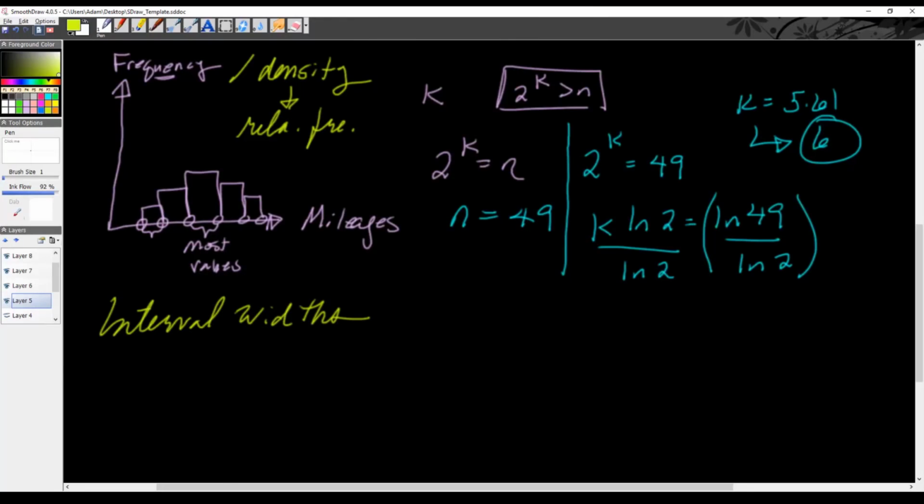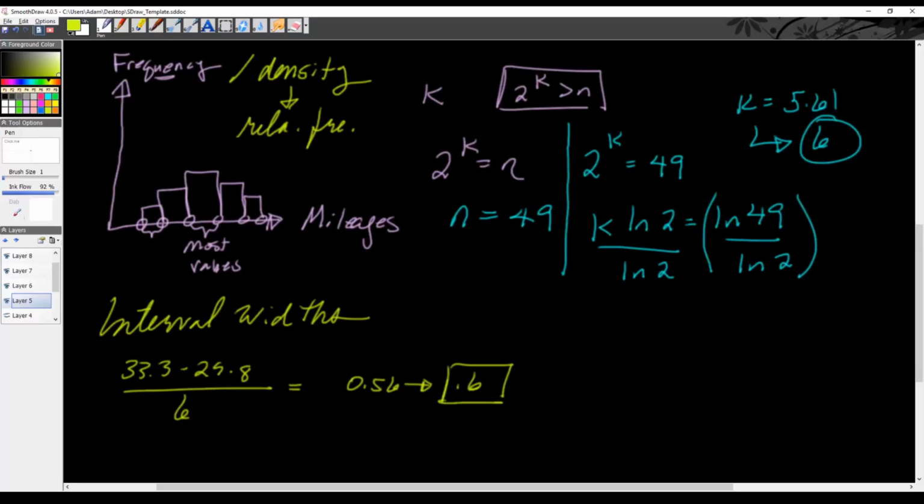So we take that range, 33.3 minus 29.8, which is 3.5, and we divide that by 6, and I get 0.58, just round up to 0.6. That's our bin width, and we get 6 intervals.